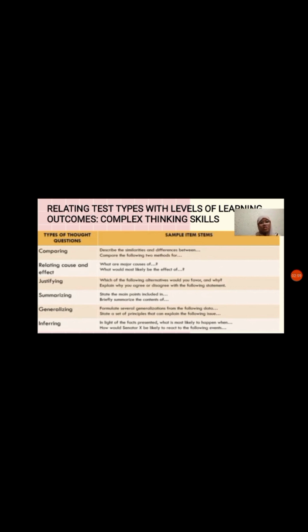For generalizing, formulate several generalizations from the following data. State a set of principles that can explain the following issue. For inferring, you may ask these questions.